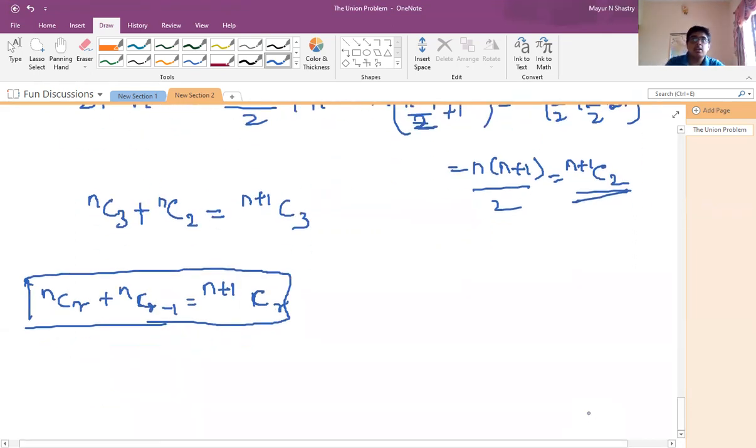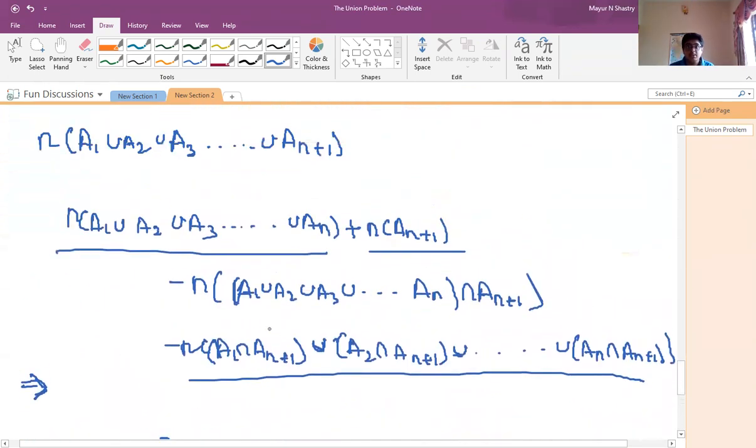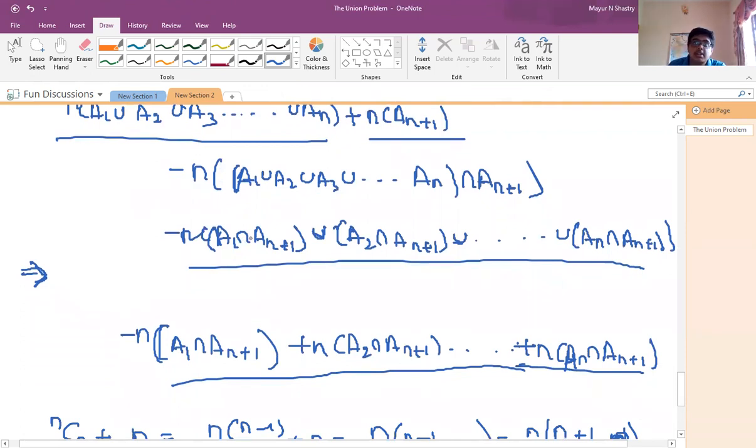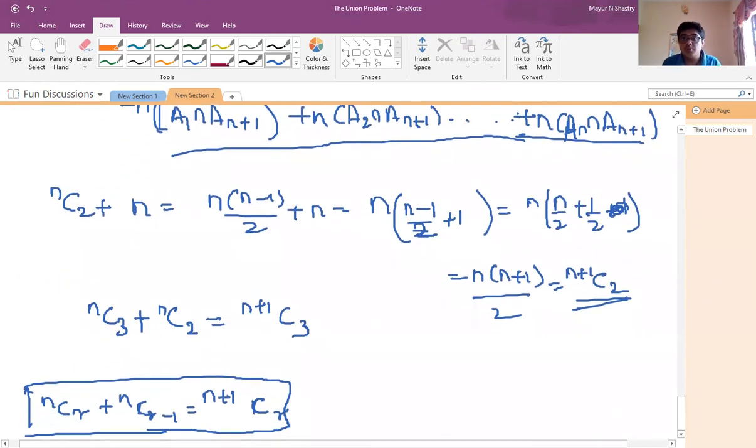And similarly, if I want four intersections, that is Ai intersection Aj intersection Ak intersection Al, in the initial part I would have n choose 4 many terms.